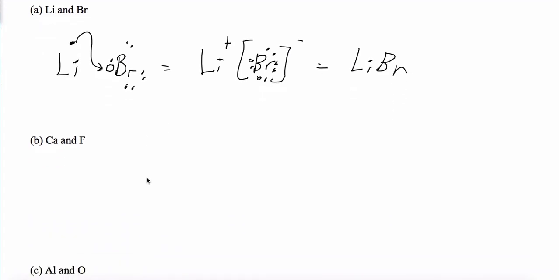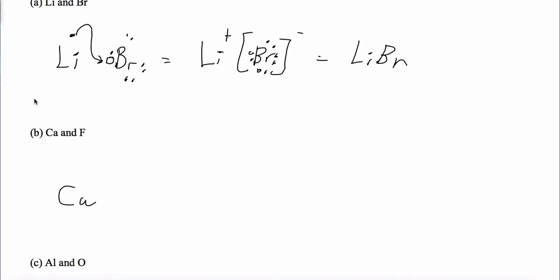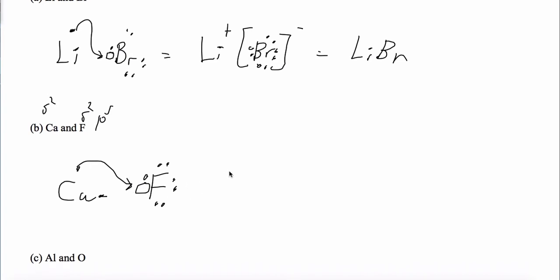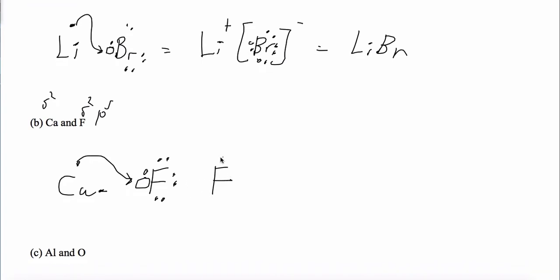Let's do Ca and F. Ca we know ends in s2, so it's going to have 2 valence. And F we know ends in s2p5, so it's going to have 7 valence. So there's 1 empty slot. Low electronegativity element here that's going to want to lose electrons is going to give that. But unfortunately, we don't have enough slots, so we're going to bring in another F with a slot, and that's where that's going to go.